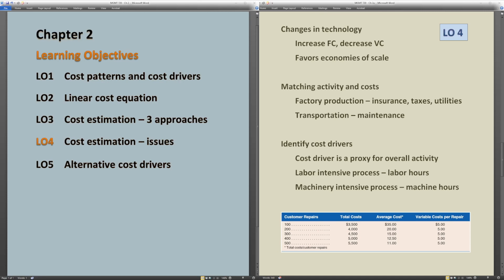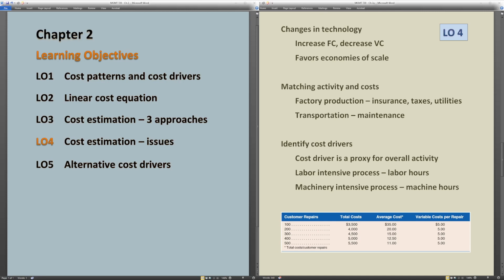Another issue when you're starting to do cost accounting is to pick the right type of cost driver. Now, we have just picked number of bikes built or something like that. But when you get into a little bit more sophisticated cost accounting, you want to pick a cost driver that's a proxy for the overall activity.